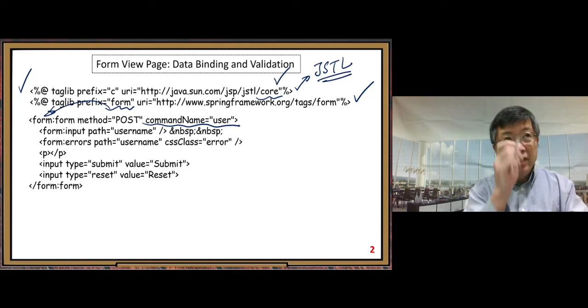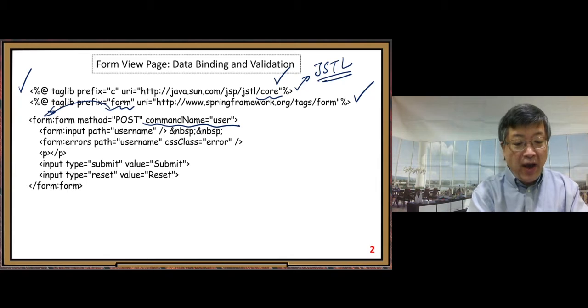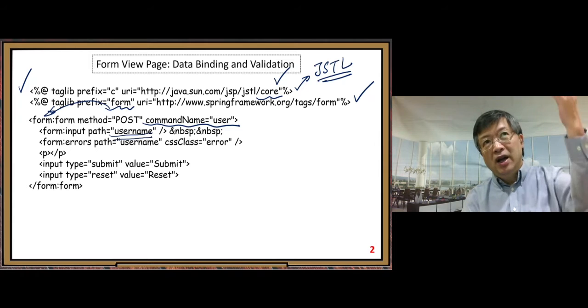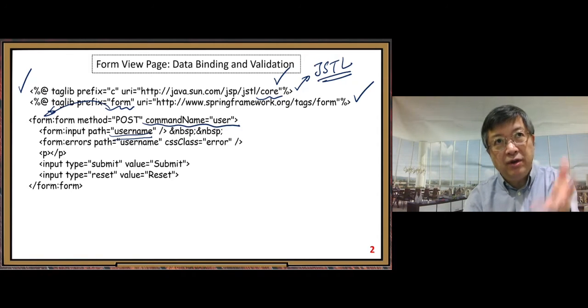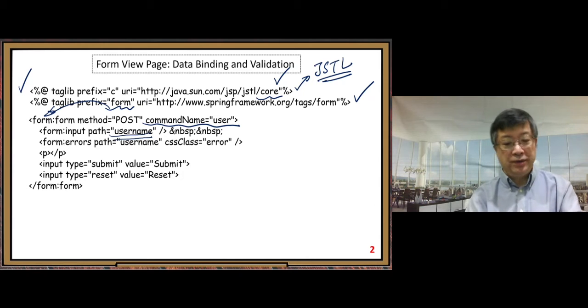After that, you connect form:input path username. So here, the command object property username is connected to this field, via the path attribute. Then the error part.